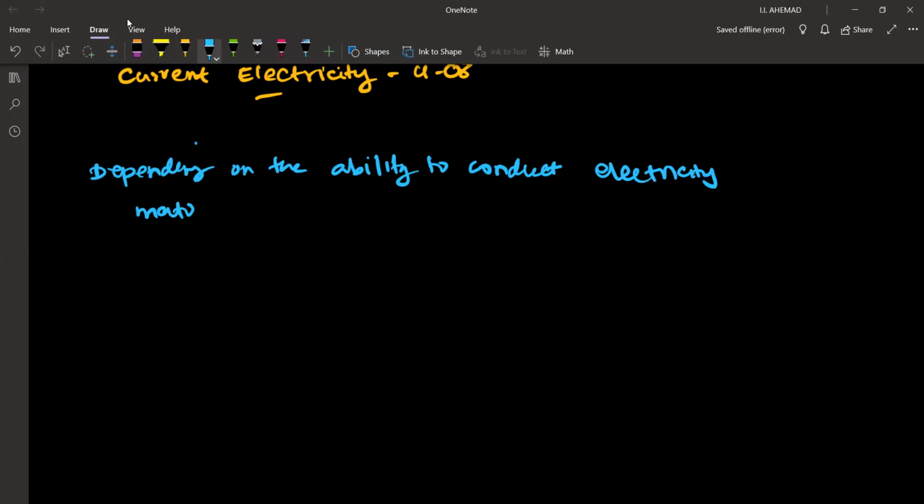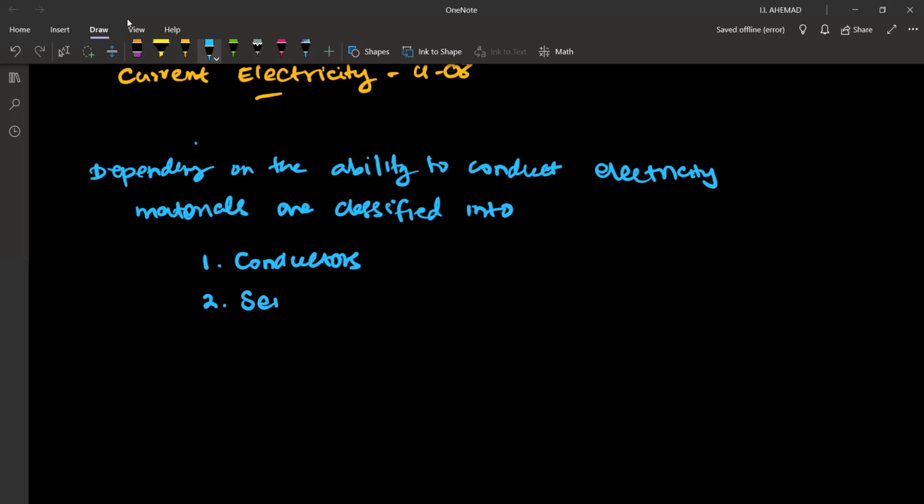Materials are classified into, first, conductors. Next, we have semiconductors. And third, we have insulators.